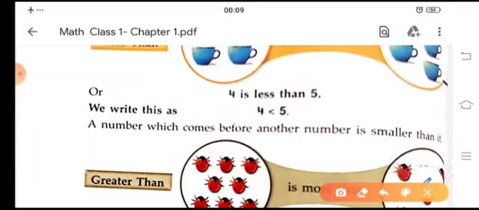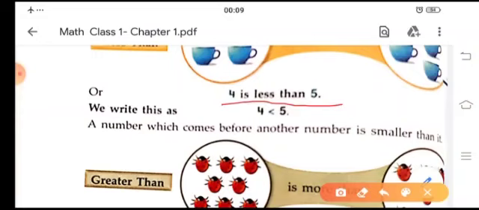See children, 4 is less than 5. It means you have 4 toffees and your brother has 5 toffees. That means you have 1 toffee less in number and your brother is having 1 toffee more in number. Okay, so 4 is less than 5.